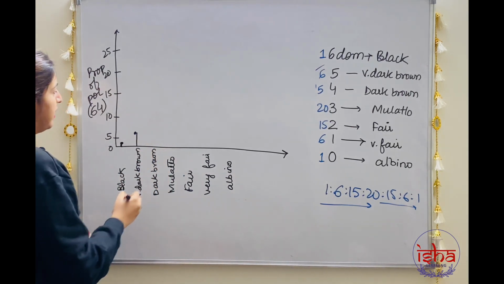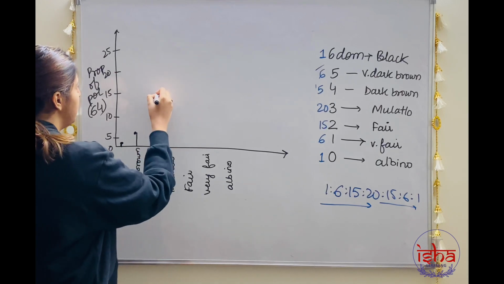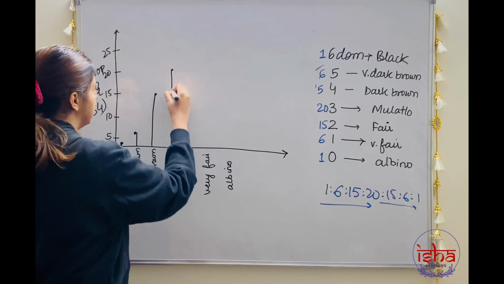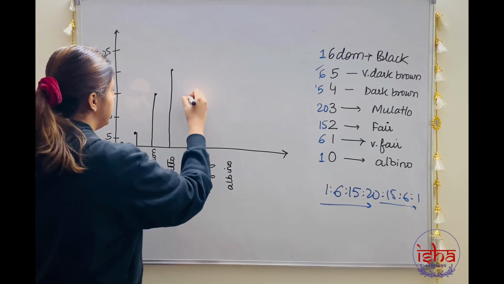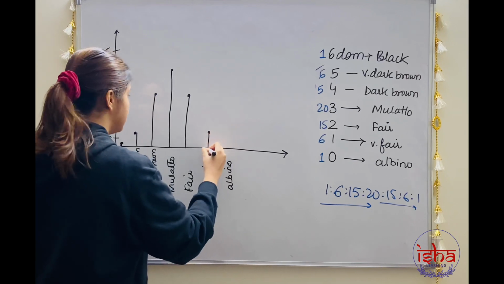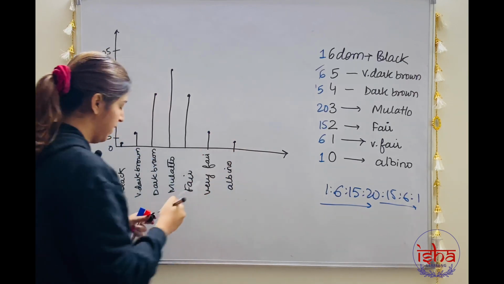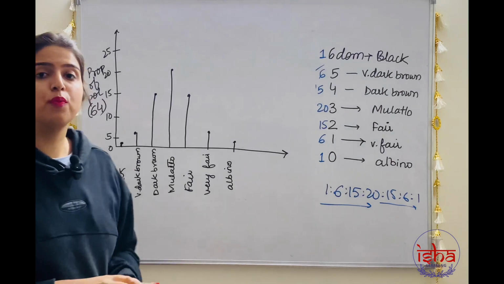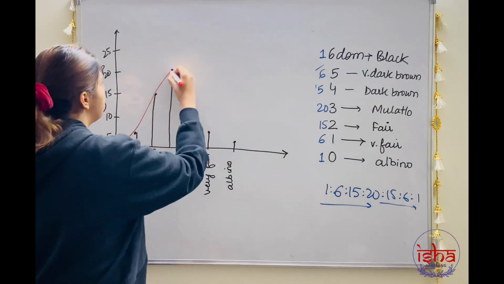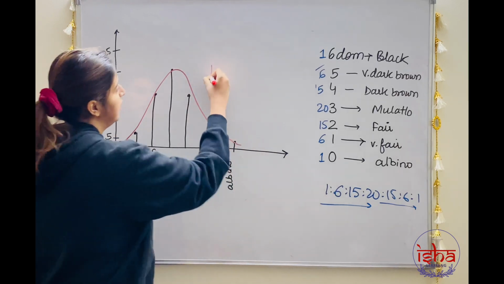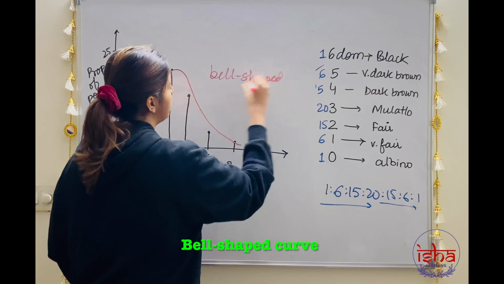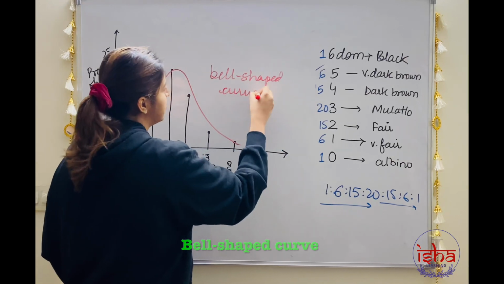I'll just go ahead and keep doing this. 15 would be here, then 20 is here, again 15 lies here, then again 6 and 1. Now, if I join these points, I get what we call the famous bell-shaped curve. The famous bell-shaped curve for polygenic inheritance.